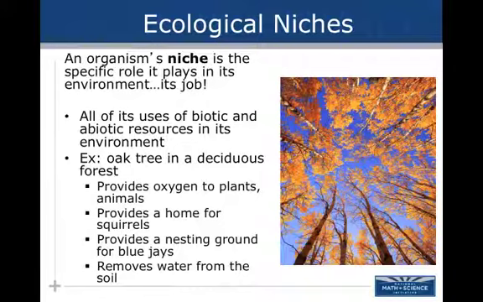The example here is an oak tree in a deciduous forest. It provides oxygen to plants and animals. It provides habitats for squirrels and blue jays. And it also removes water from the soil and utilizes other minerals from the soil.